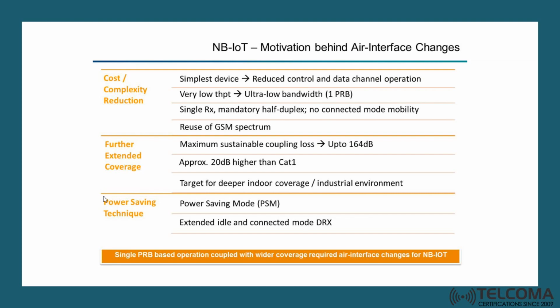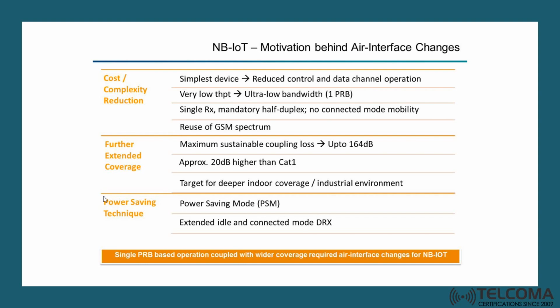Further extended coverage: we have seen that through CATM1 we have achieved some extended coverage through CE mode A and mode B. Here the aim is to extend further and get a maximum coupling loss of up to 164 dB, which is approximately 20 dB higher than CAT1 devices.